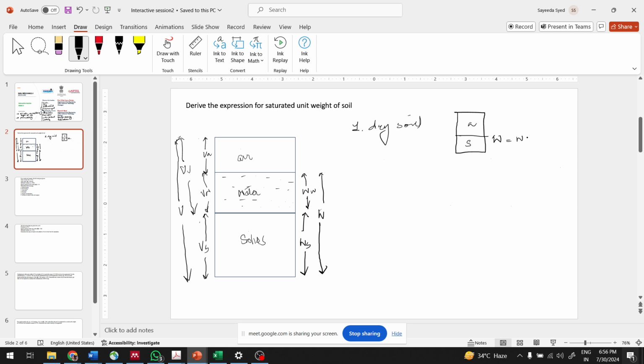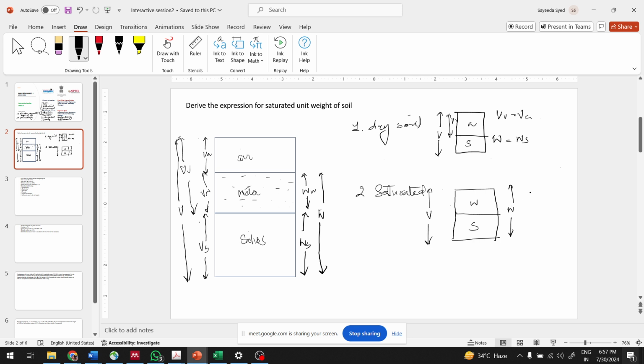Total weight equals weight of solids. And total volume, this will be VV. And VV becomes VA. Second case is saturated case. In saturated case, all the voids of the soil are filled with water. So there is no air. So this will be your total weight, and this will be your total volume. Volume of voids will become equivalent to volume of water.